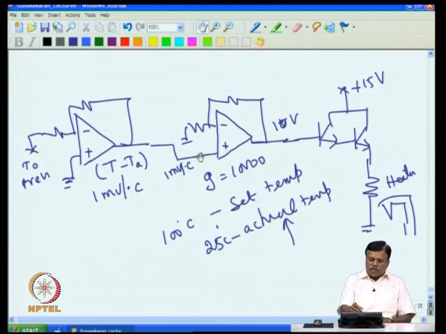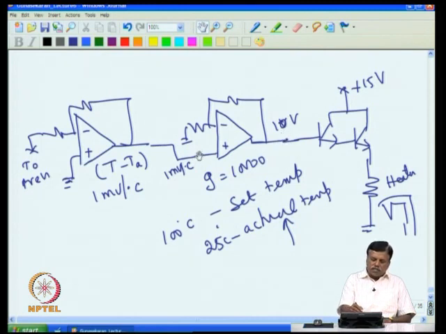When the difference comes to 0.5 degree, you will get 0.5 millivolt, and that will make this go to 5 volt. That means as the heater heats up, the temperature is rising, and this voltage comes down, then this voltage also comes down. So if you give high gain, then for example in this case our heater voltage cannot go more than 15.